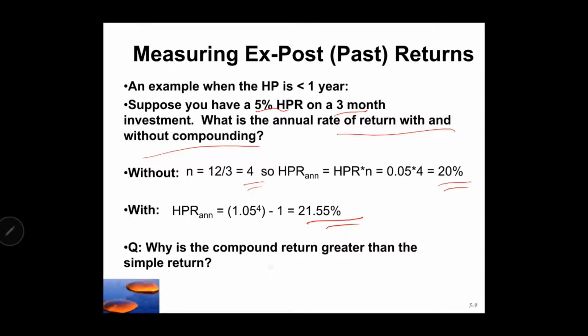Why is the compound return greater than the simple return? Yes, think. Okay, did you get it? Why is the compound return greater than the simple return? The reason is, in the simple return, we are not reinvesting whatever you are receiving in between.